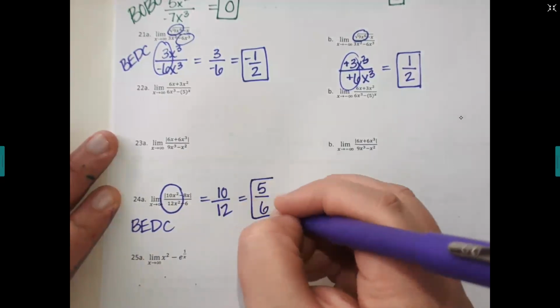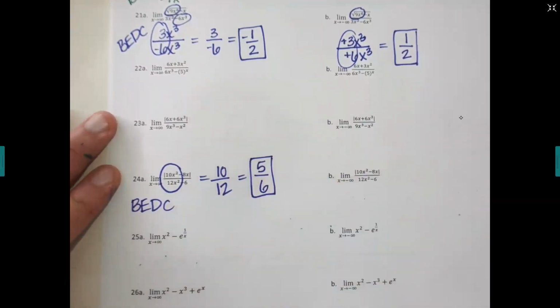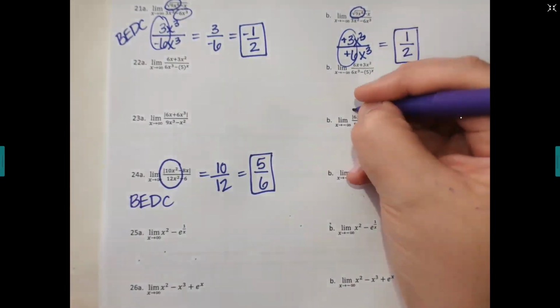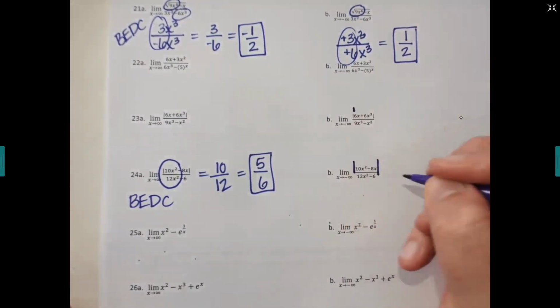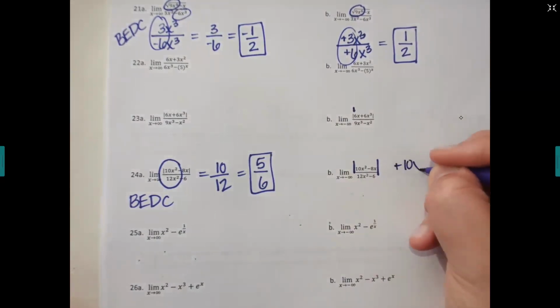Very good. Okay, but then to negative infinity, remember, they can come out different because it's got one of your weirdos in it. So when I take a negative infinity and I put it in absolute value bars, will it get to keep its negative? No, so my 10 on top is going to stay positive.